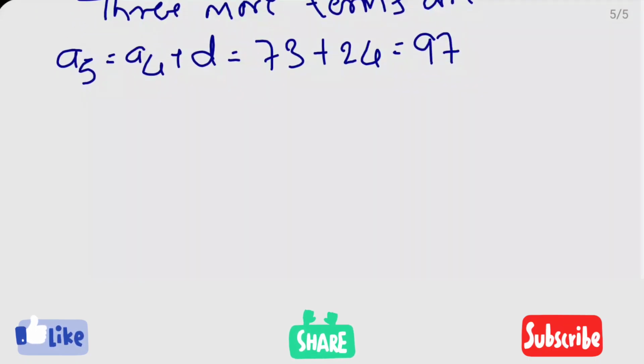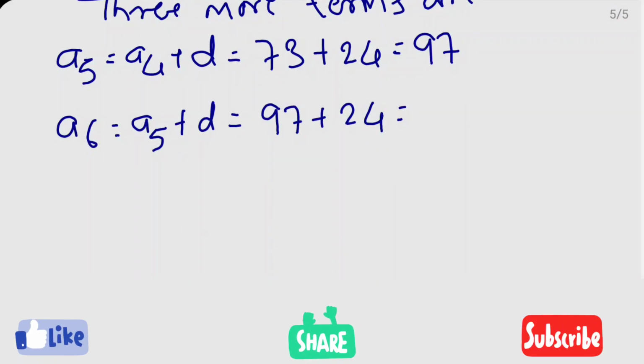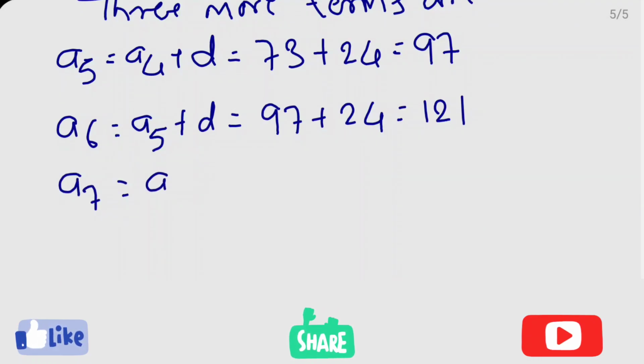So next A6. A6 is A5 plus D. So A5 is 97 plus D is 24. So 97 plus 24 is 121. So next A7. A7 is A6 plus D.